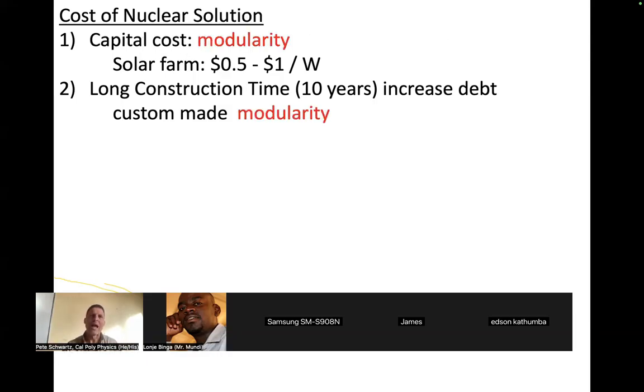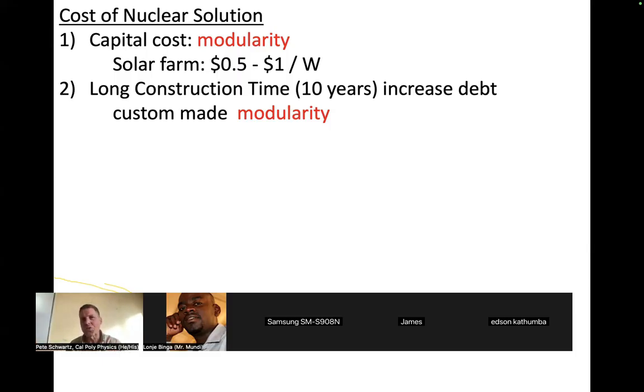So how do we address that? In order to make it cheaper, you'd want them to be modular. You want a factory pumping out nuclear reactors and sending them off into the world, and then people just applying them. That's how we make desks inexpensive. That's how we make everything else, right?